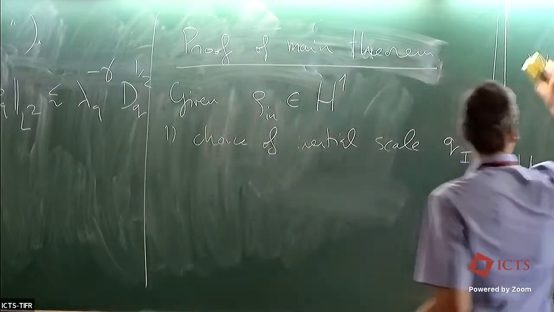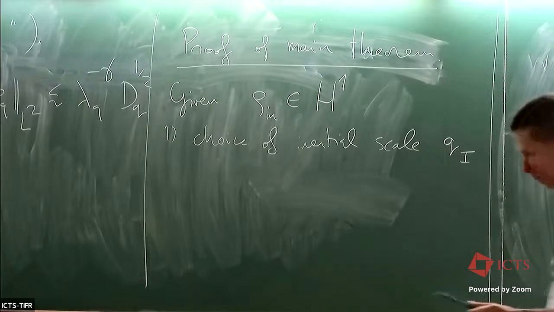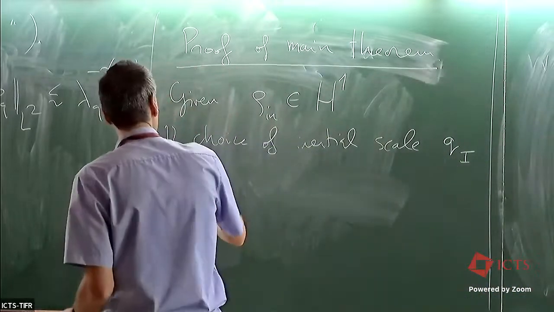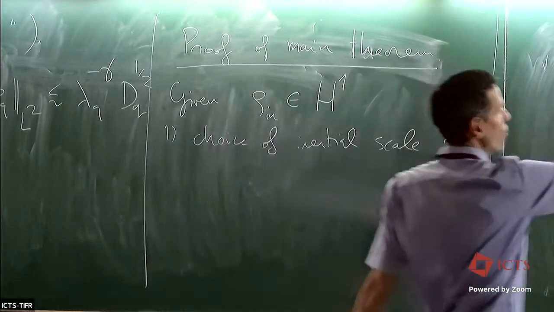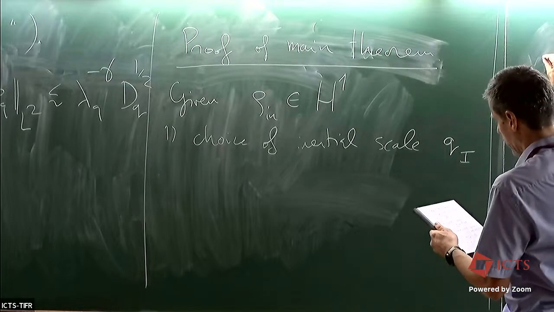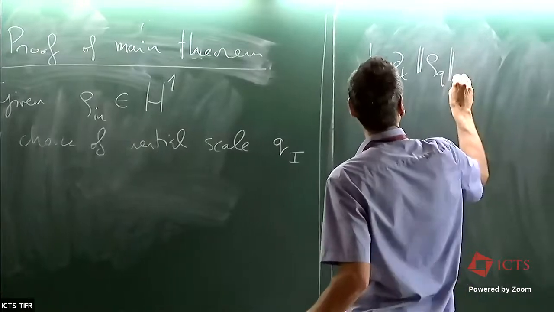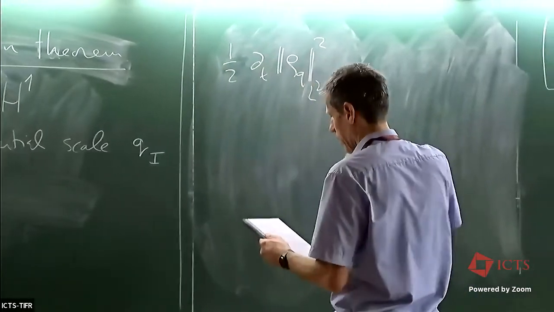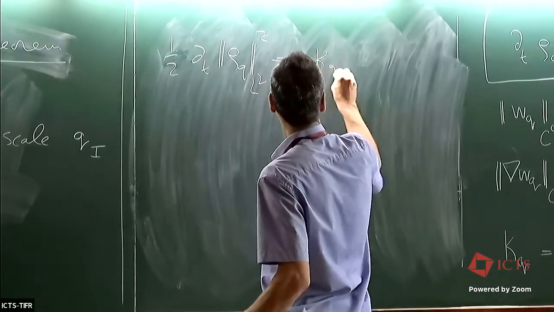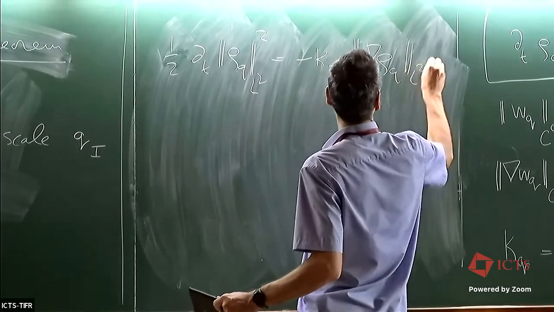So what I will show you now, very quickly, is how to get this, and it's essentially what I've been saying a few times now. For any q, this equation gives the standard energy estimate: 1/2 d/dt of the L2 norm squared of rho q is equal to minus kappa q times the L2 norm squared of the gradient.